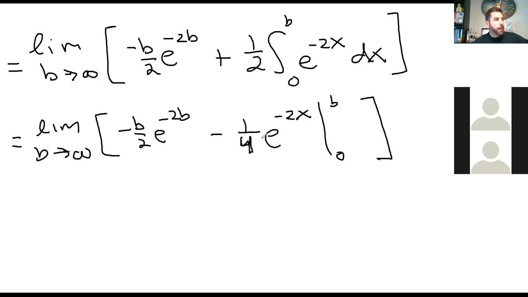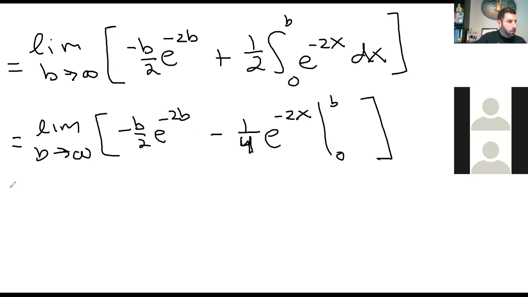All right, now look, the second guy on the right is very similar to what we had over here, only now there's a fourth, because when I integrate e to the negative 2x, I get negative 1/2 e to the negative 2x. So negative 1/2 times positive 1/2 is negative 1/4.